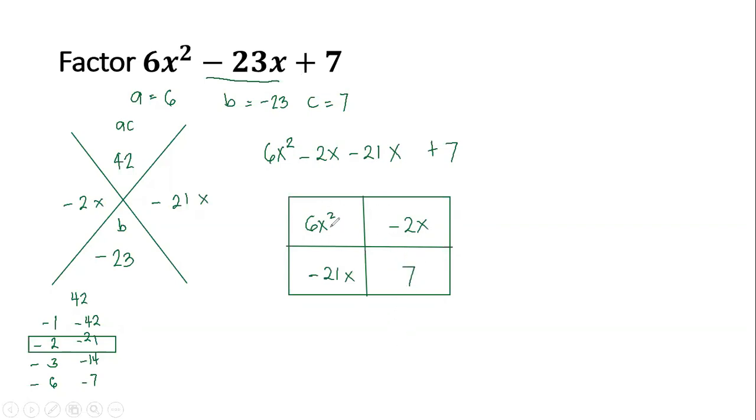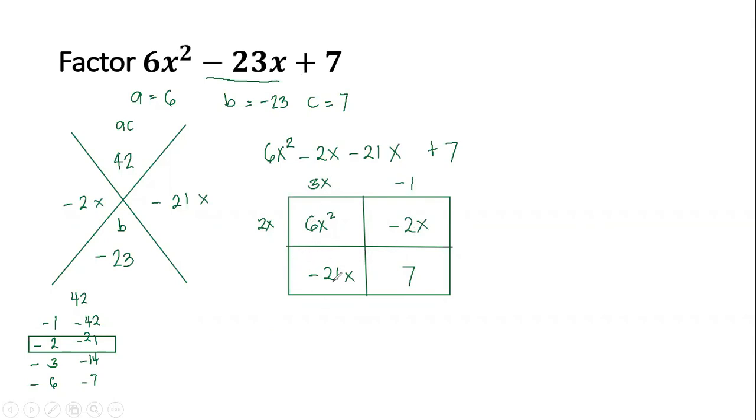What do you think are the factors of 6x squared that when multiplied together will be equal to this? So that would be 2x times 3x. And now let's move on to negative 2x. What should we multiply to 2x to make it negative 2x? So we will just multiply it with negative 1.